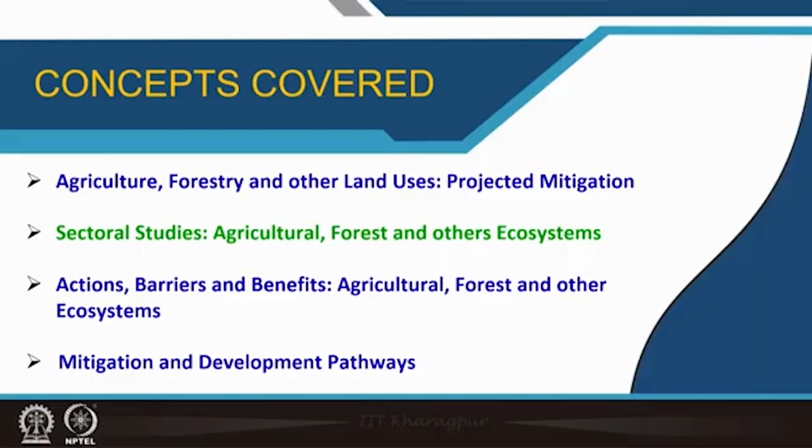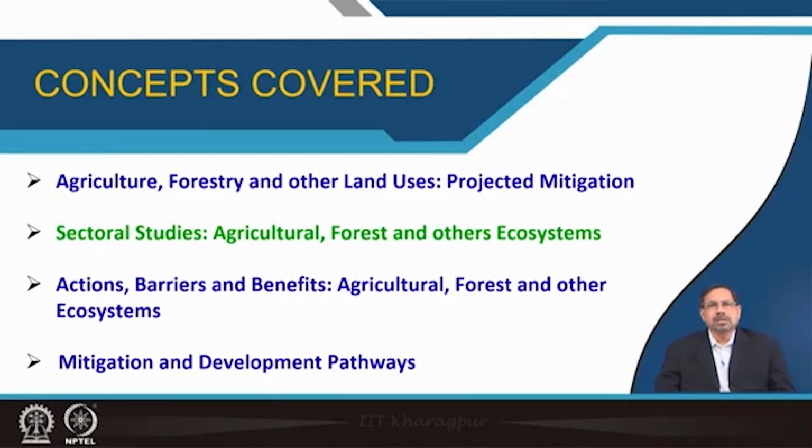So, through this the concept is if we manage the ecosystem, then how much of the carbon or how much of the emission we manage. So, that means it is dominantly depending on our activities. Through this we are going to talk about agriculture, forestry and other land uses, and we will also see what are the various projections and how it has happened.